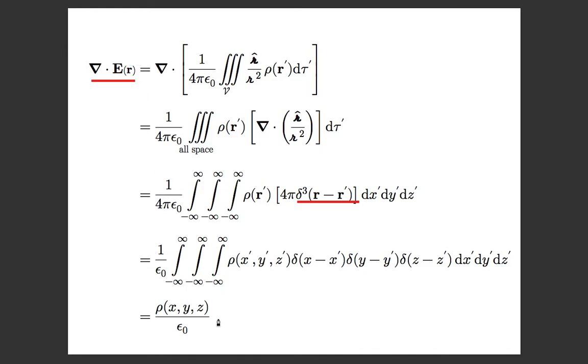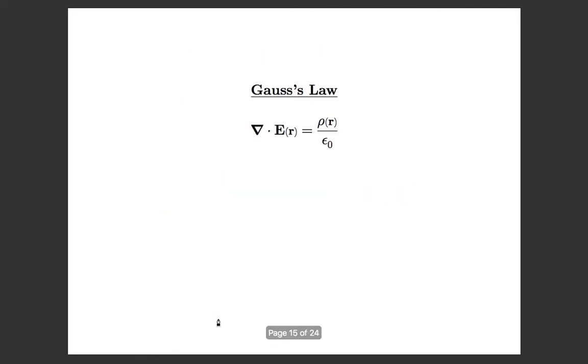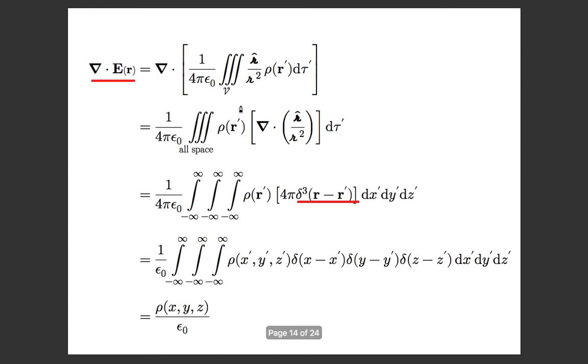And so what this gave us is Gauss's law: the divergence of the electric field is equal to the charge density divided by epsilon naught. And this is a really powerful relationship. Before, we had the Coulomb integral, which I'll just go back one screen to look at.